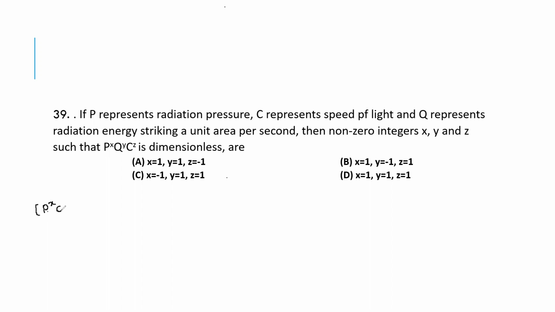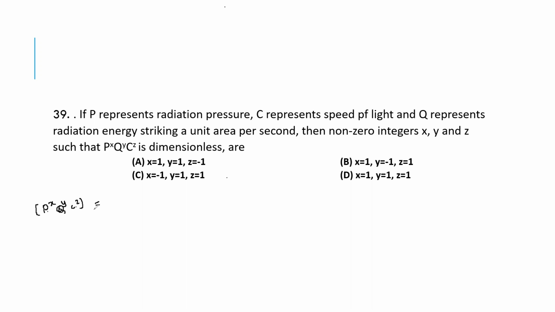C represents speed of light, and Q represents radiation energy per unit area per second.